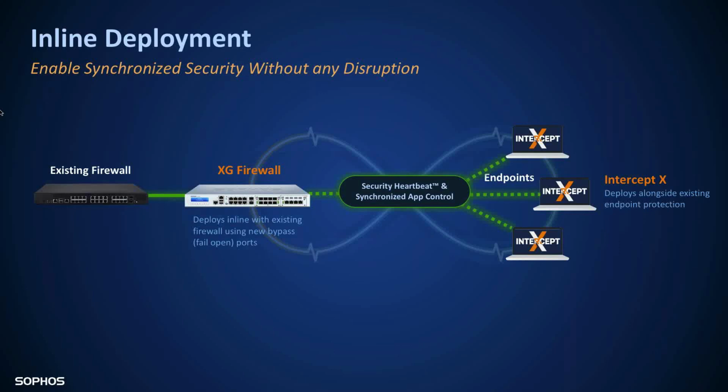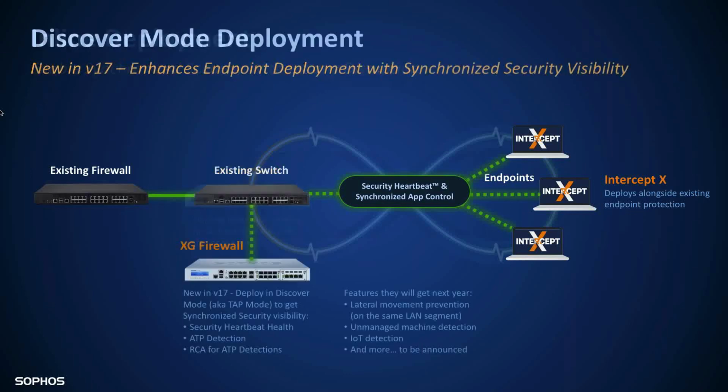And then as time progresses, you can start doing different things like adding sandboxing and turning up a few more features, and maybe someday eventually that will become your firewall. But just because you have a firewall and you like it doesn't mean you can't get these new features that we've been talking about today.